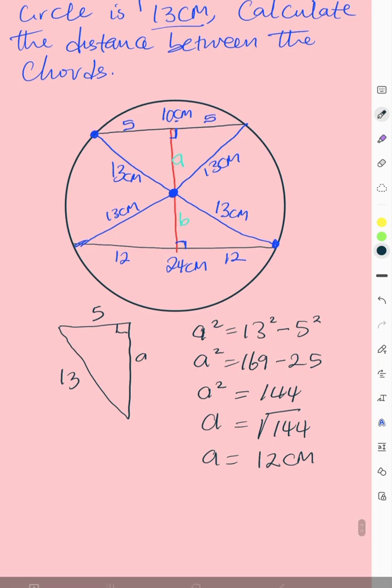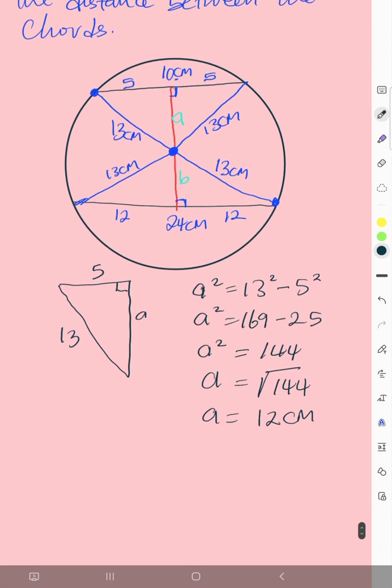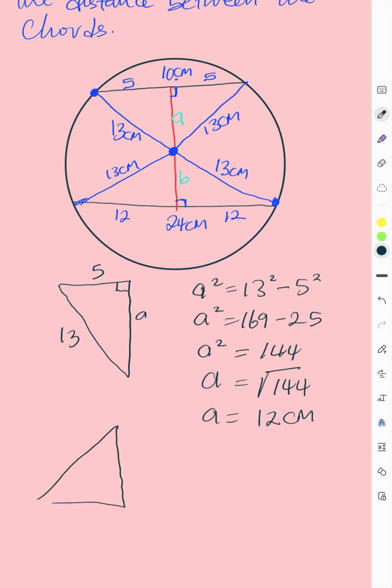So if A is 12 centimeters, let us leave it and look for the value of B. To get the value of B, we need to bring out this particular triangle here, down there. I'm just highlighting this one here. This is B, we need it. Here is 12 and here is 13.